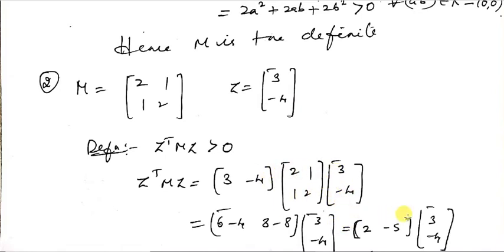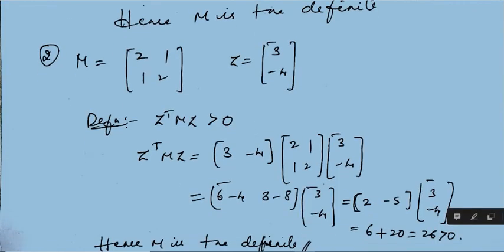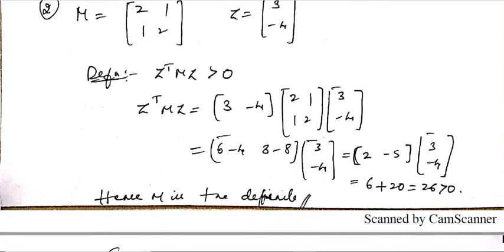Making the product, we get the value of the factorization Z transpose MZ as 26, which is positive. Hence, M is positive definite.